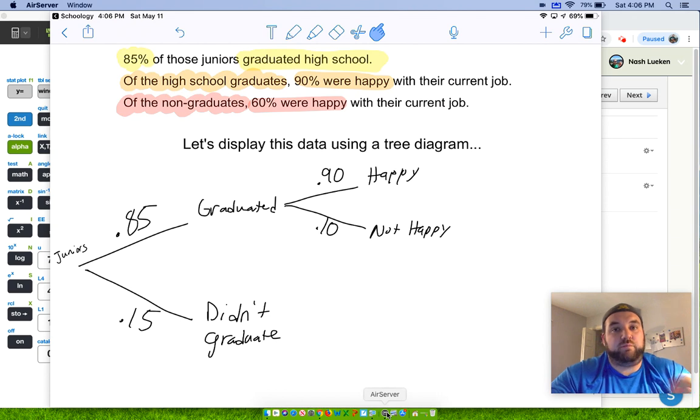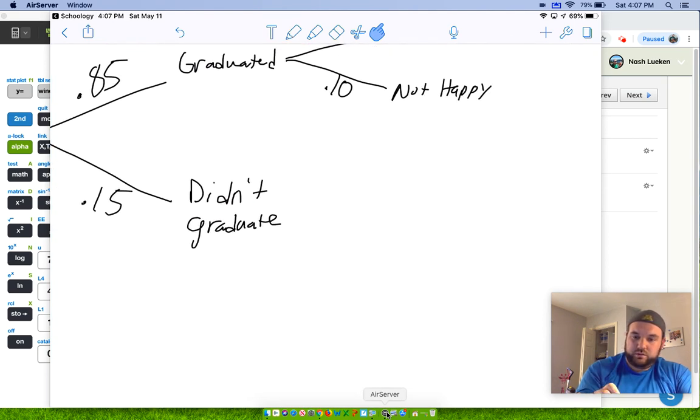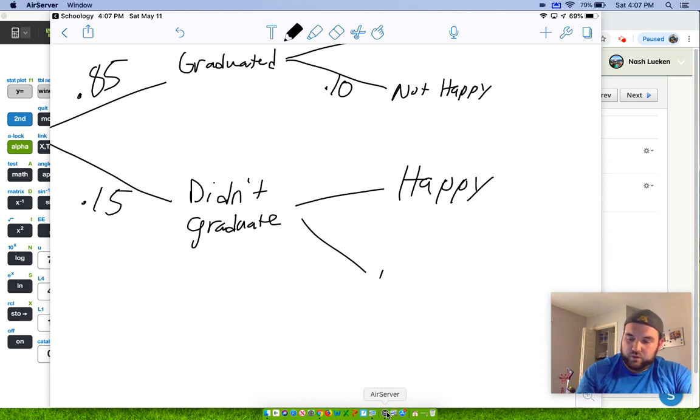And if you have percentages and you try to multiply, then it's going to give you very wrong numbers because it gets way over 100%. So then the final statement was of the non-graduates, 60% were happy with their job. So same two branches coming off the non-graduates, happy or not happy.